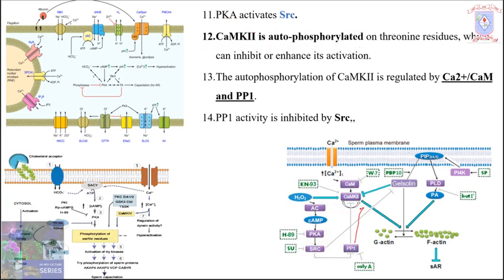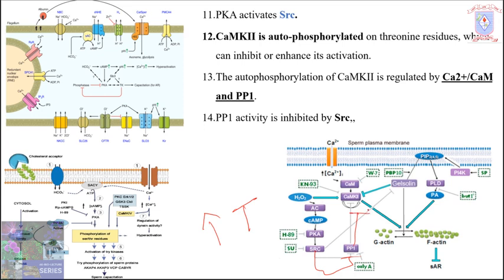So the normal active form of PP1 inhibits the CaMKII protein. This symbol, that is this signal, indicates inhibition, and this indicates activation. So here you can see SRC inhibits PP1. PP1, the active form of PP1, inhibits CaMKII, isn't it?